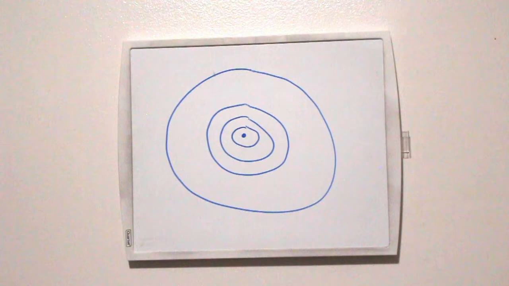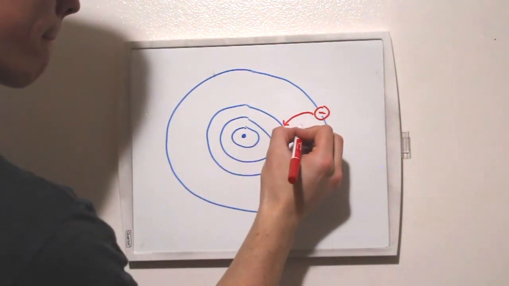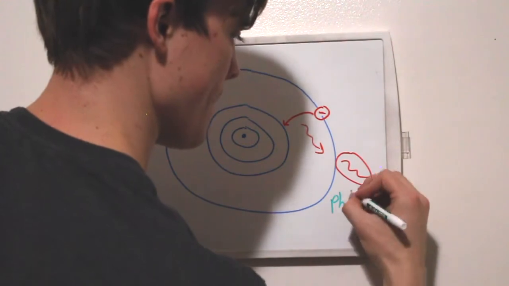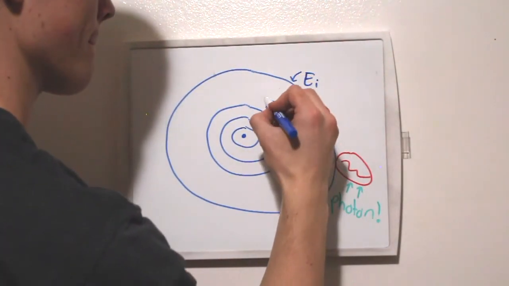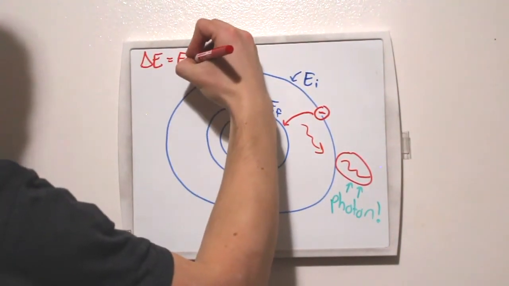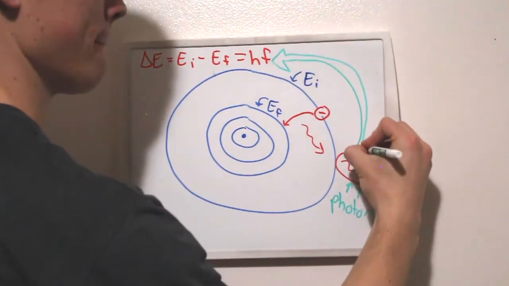As you jumped up to a higher energy level as an electron, that means you absorbed the specific energy of that energy gap. That was the photon that was absorbed. Likewise, if you were to jump down a level, a photon would be emitted with that exact wavelength or frequency that would correspond with the energy difference between the two orbits.